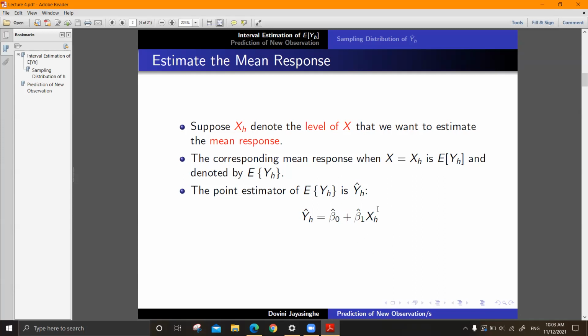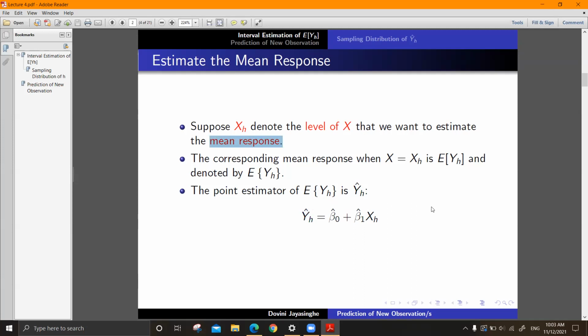When we give the X level and we plug in the estimated beta naught and beta 1 values in our regression line, we are getting this. This is how we estimate a new observation. And this is not really the response. Remember, this is the mean response, which is very important.